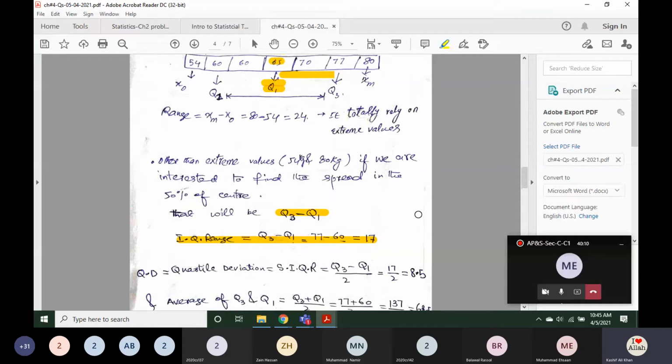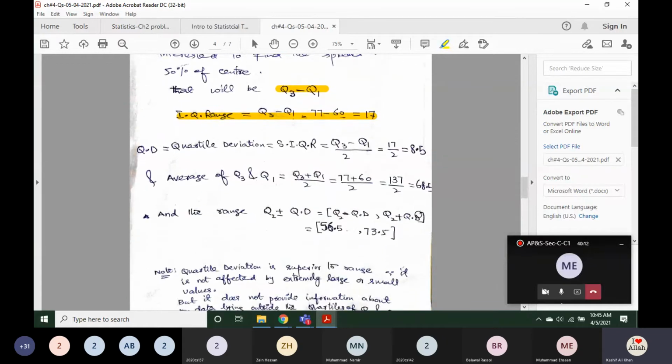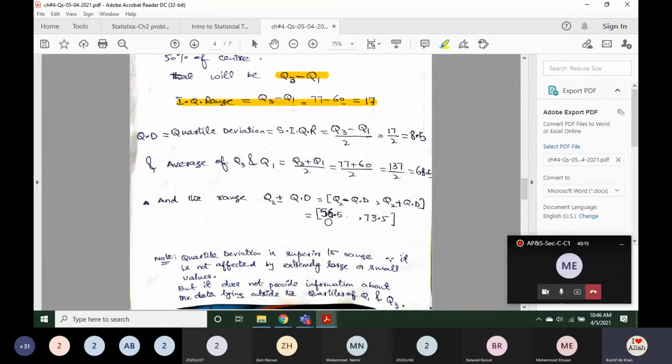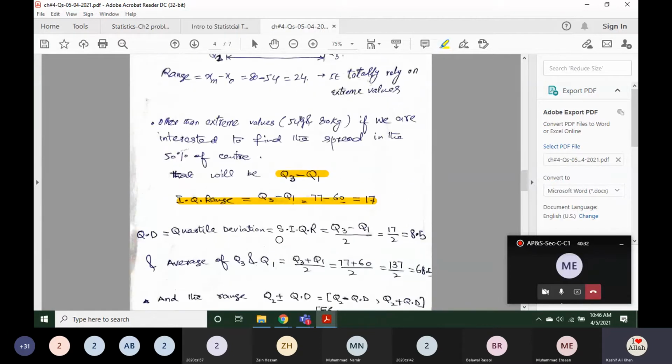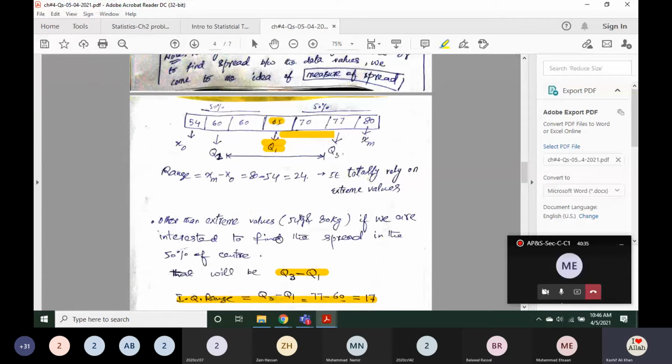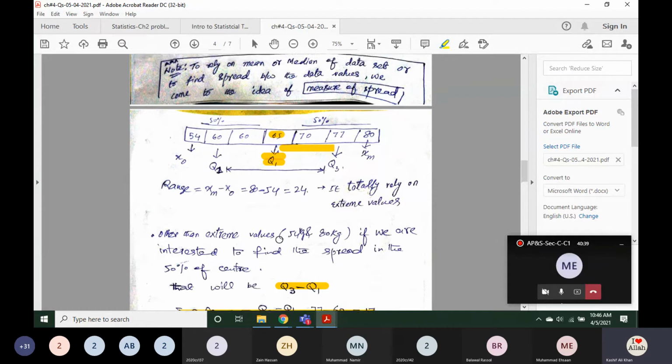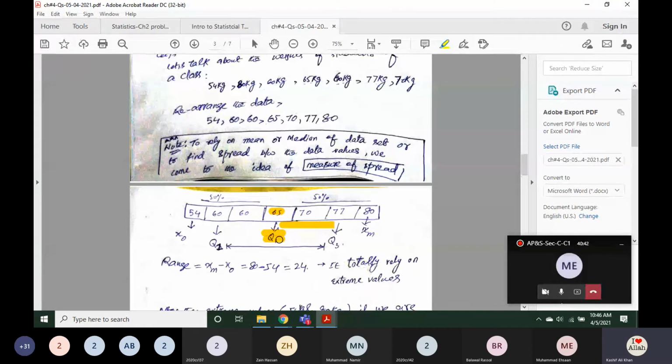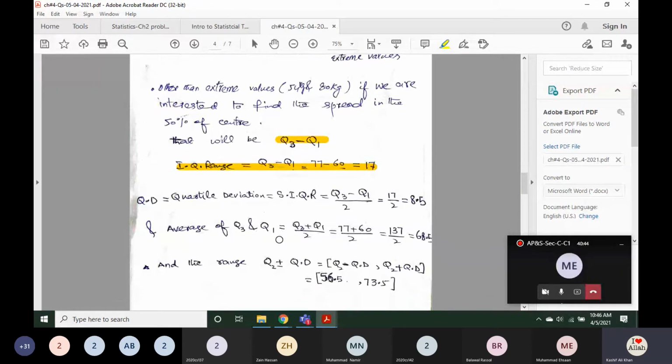So 65 minus 8.5, we will get 56.5, and 65 plus 8.5, we will get 73.5. So it contains approximately 50% of the data. You people can check it. So these are some elaborations about the interquartile range and semi-interquartile range, which is basically the second measure of dispersion.